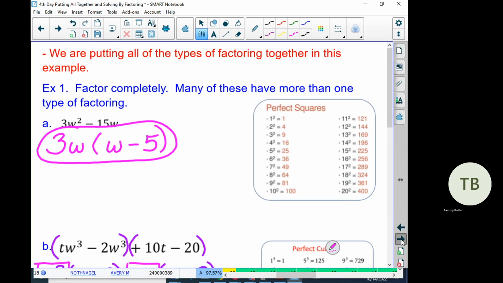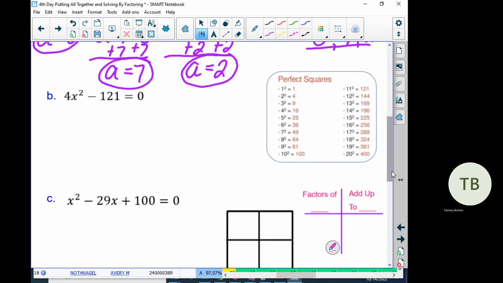So then what I want to do is, when I do difference of squares, I do my 2 parentheses, and this is a solve, so it's equal to 0. With difference of squares, you're always going to have a plus and a minus. If it's x squared, I do an x and an x. And then I have a 4.